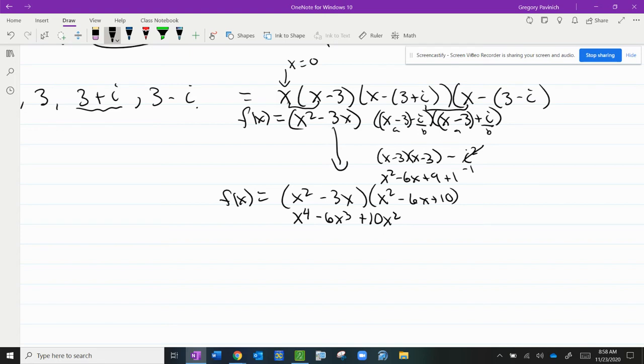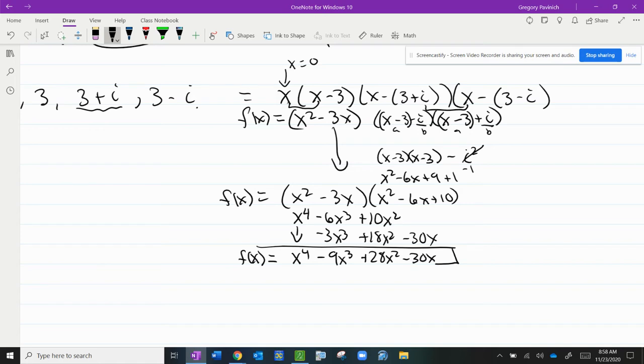So negative 3x cubed plus 18x squared minus 30x. Let's bring my x down. Minus 9x cubed plus 28x squared plus 30x. And there's my polynomial.